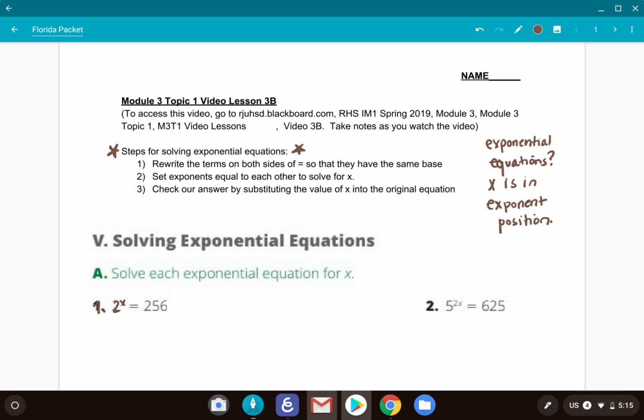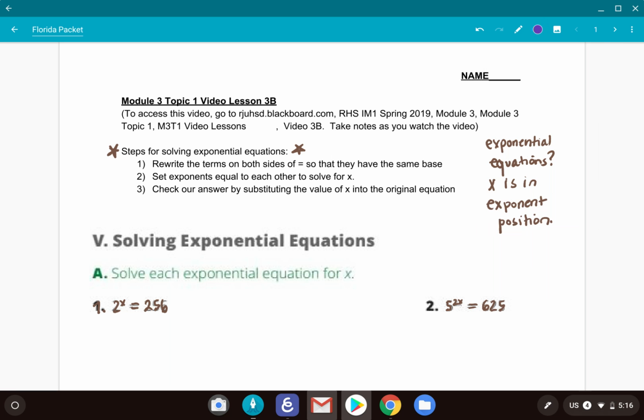We have 2 to the x power equals 256. So that has an x in the exponent position. And same with number 2, 5 to the 2x power equals 625. So you're solving for a variable that is in the exponent position. And when that's the case, you're going to want to solve the equation using these steps.